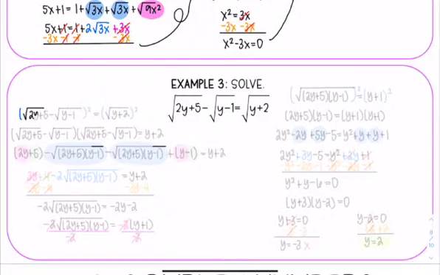We have the square root of 2y plus 5 minus the square root of y minus 1. And that whole thing is getting squared, and that's equal to the square root of y plus 2 squared.